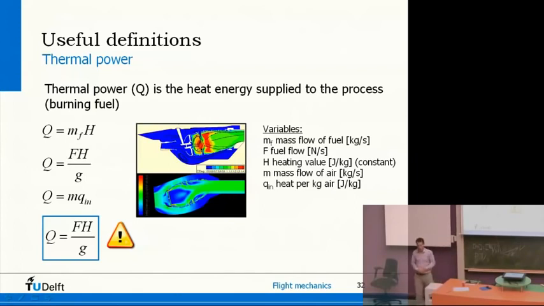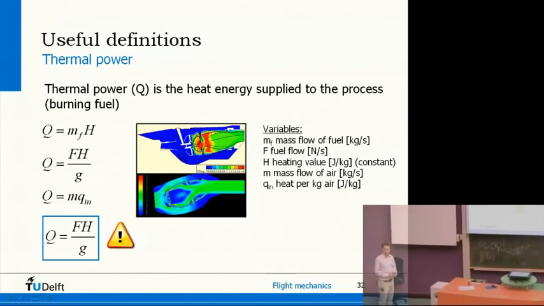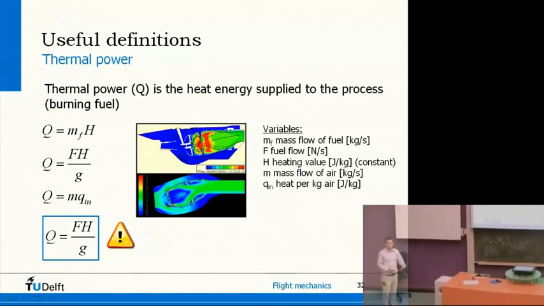Now, if you look at the top equation, then Q, which we call thermal power, is mass flow of the fuel, so kilograms of fuel per second, multiplied with H. Now, H is the heating value of fuel, and it's just a constant. It just tells you that if you buy a liter of fuel, how much energy is inside it. So it's kind of a chemical quantity, which is a constant value. It's just a number. So mass flow of fuel multiplied with this constant value H gives you the thermal power you put into the system in order to transport.